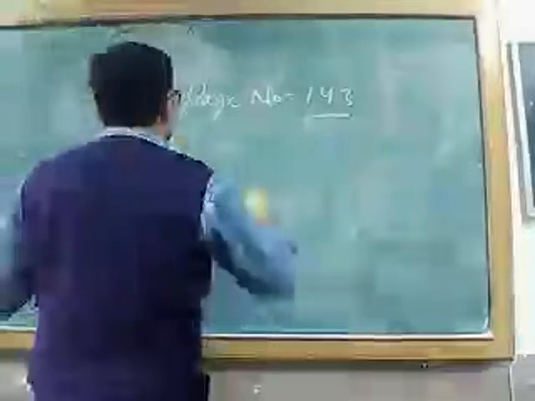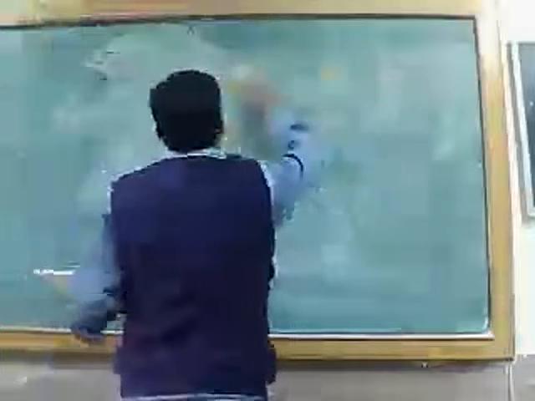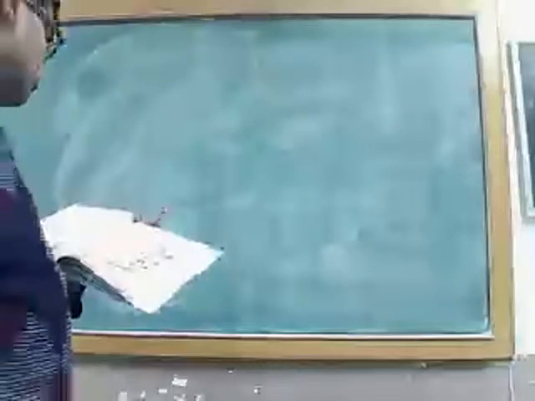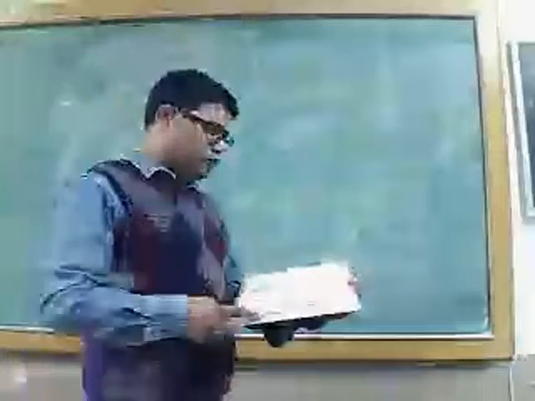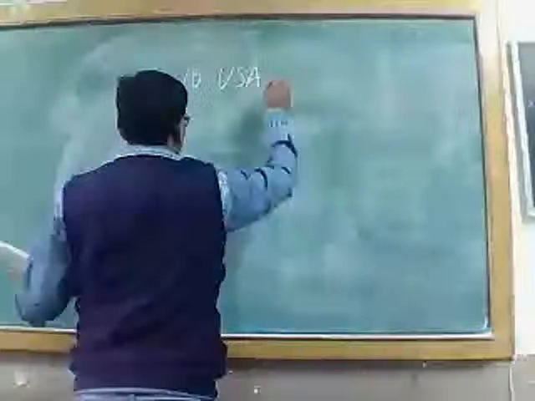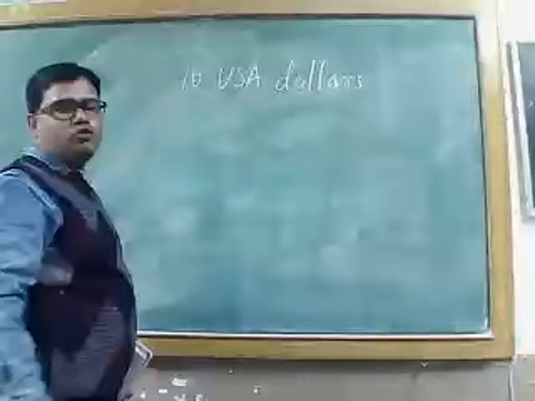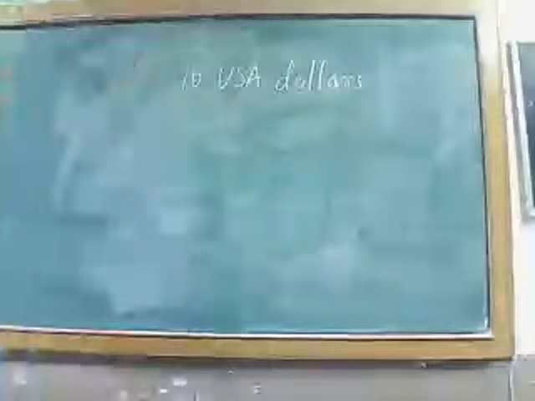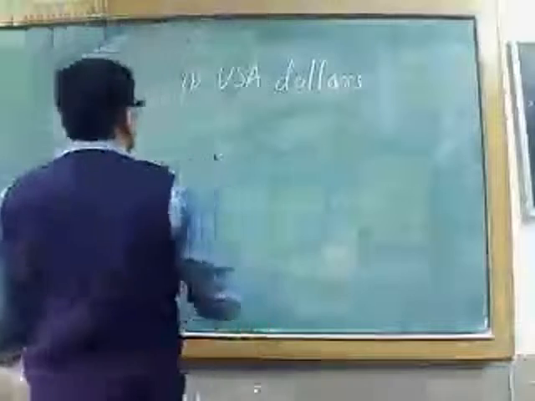So now let's start with this. I'm starting with the Mithun question. You can write down the question from the book itself. I'm simply writing down the solution. The question says, Mithun's uncle in America had sent him 10 US dollars. Now, if we want to convert these 10 US dollars into Indian rupees, how much will it be?